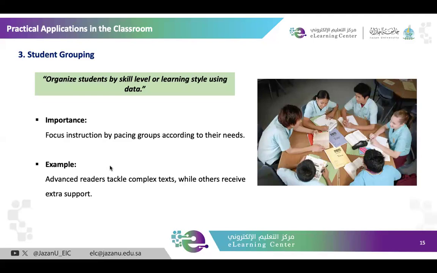Grouping students strategically allows for more focused instruction, such that groups can work at an appropriate pace and level, maximizing learning outcomes. For example, a teacher might create a small group of reading instruction where advanced readers work on more complex text, while struggling readers receive additional guidance with simpler material.